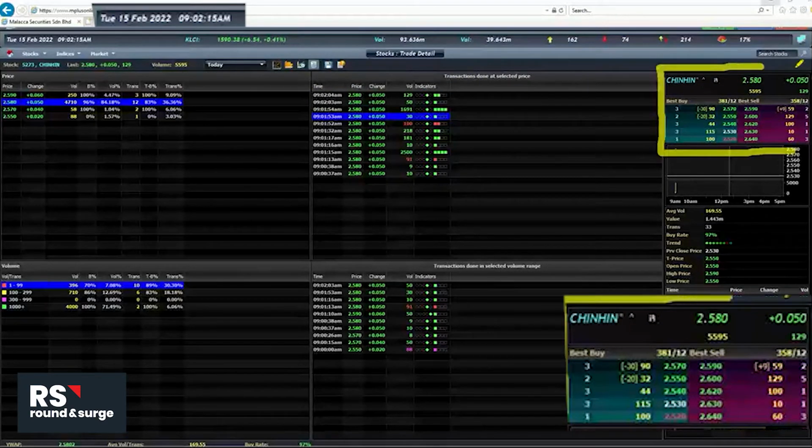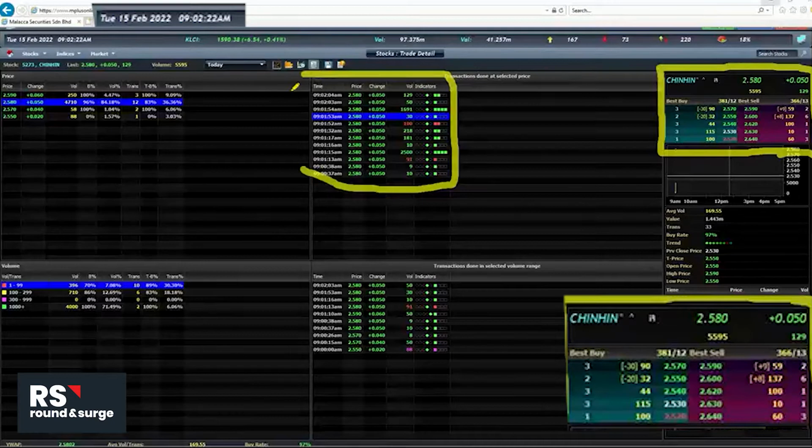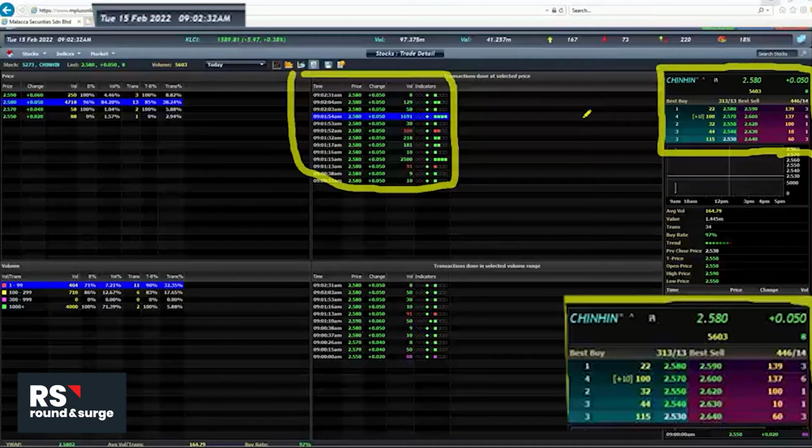The things that we are focusing on are the buy sell queue and also the transaction data, to see how it is transacted. 258 is refilled back, it's back to the buy side right now.